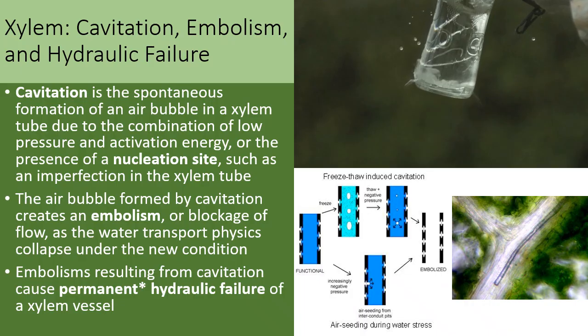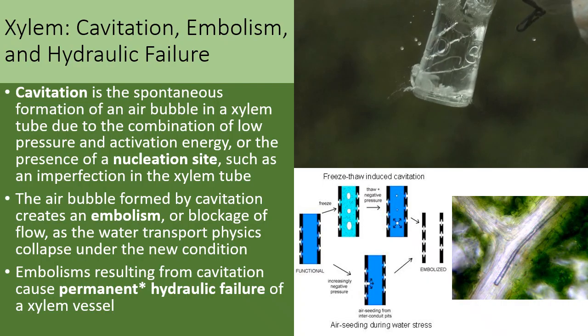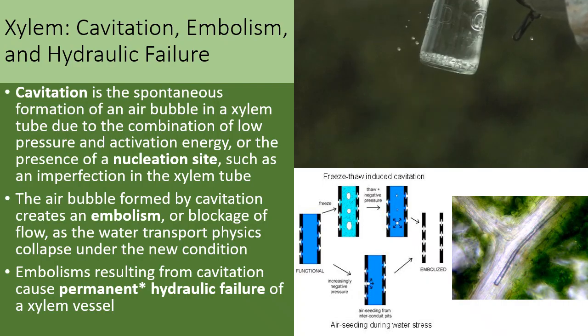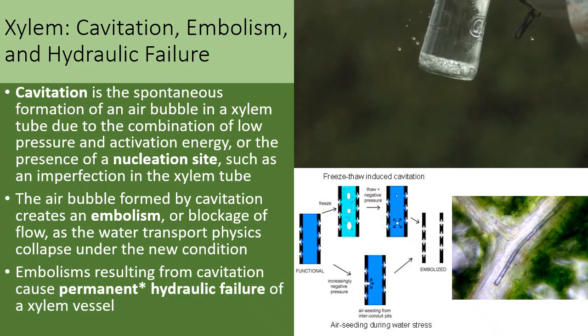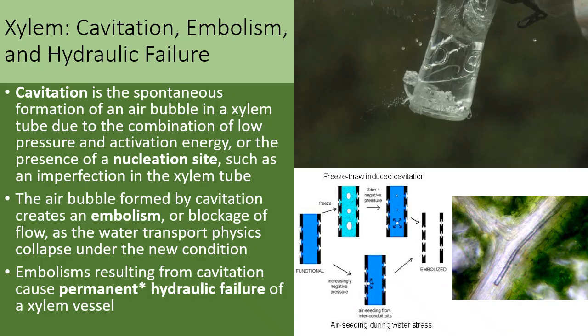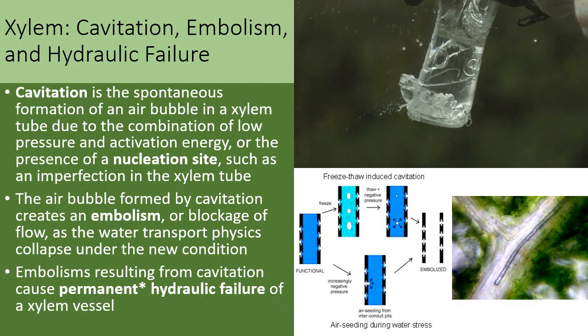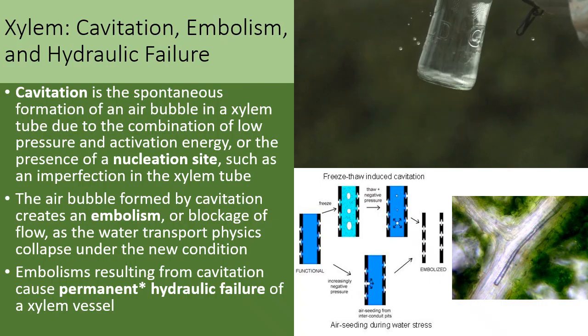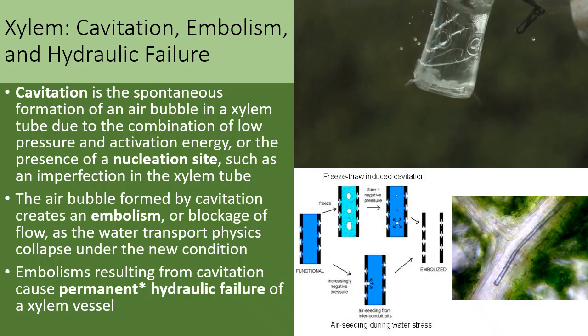If an air bubble forms, that blocks water flow through the xylem, and basically the xylem tube has permanently hydraulically failed. There are a couple different things that can cause cavitation or an air bubble to form within a xylem tube, and those cavitation bubbles often lead to an embolism.